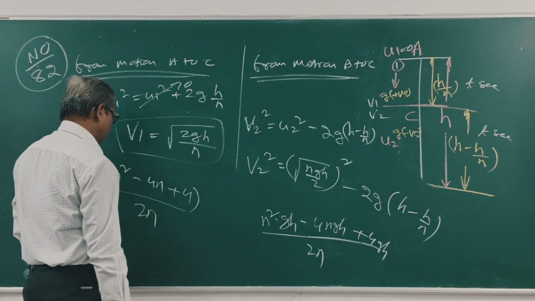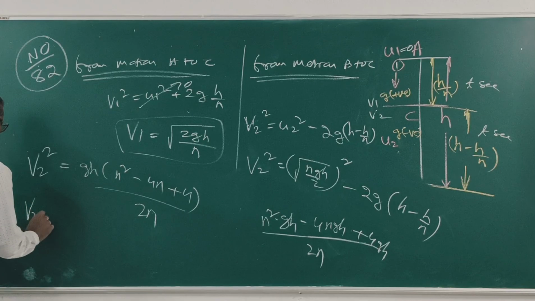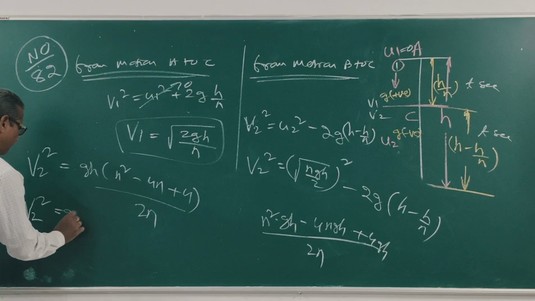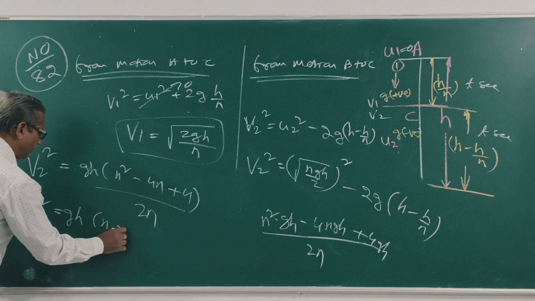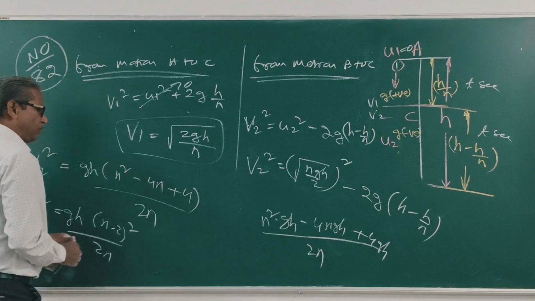This is equal to v2 square is gh into n minus 2 square by 2n. What is v2 equal to?